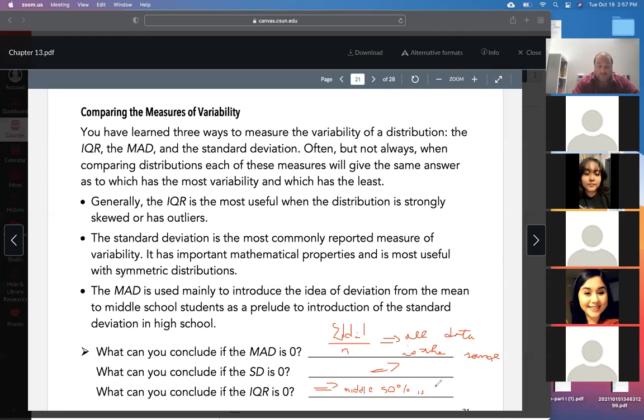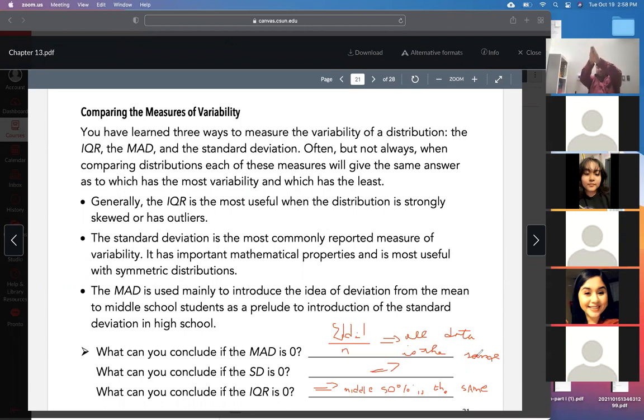As you were saying, the middle 50% of your data will be the same, Q1 at 25 to Q3 at 75. Yes, the middle 50% is Q1 to Q3.